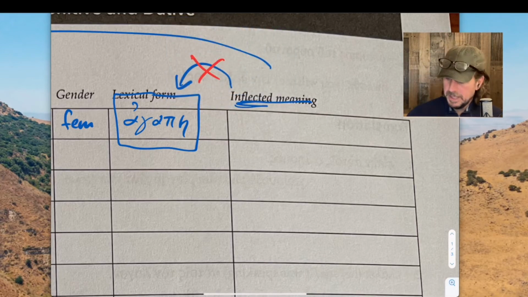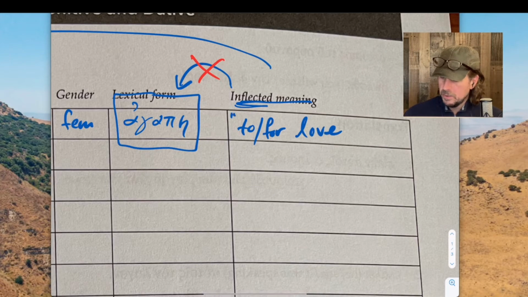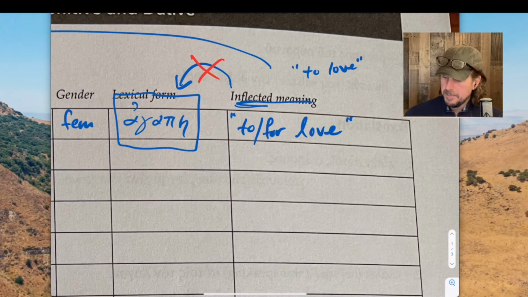And the inflected meaning here then, if you remember, our dative is generally to, for. To or for love. That would be fine. You could just say to or for love. Don't mistake that with to love like a verb, like what we call the infinitive. The commandment is to love God.